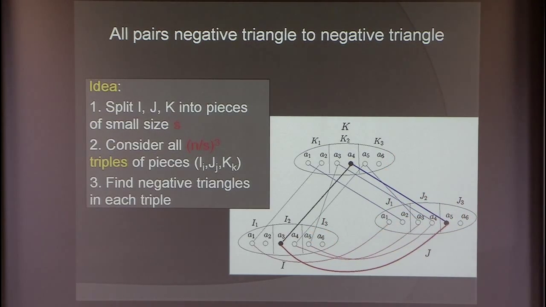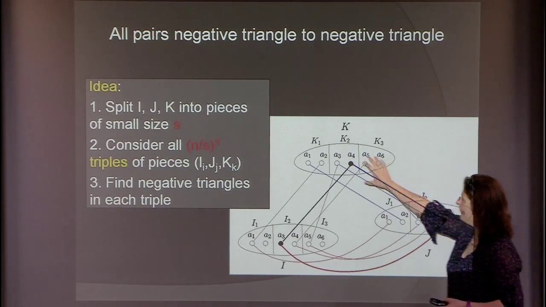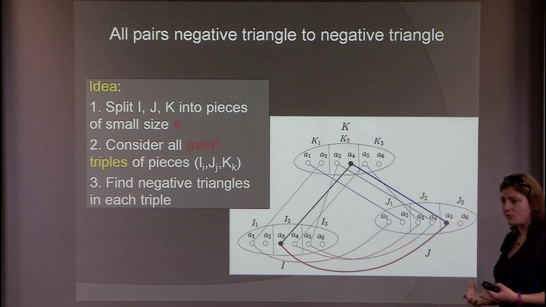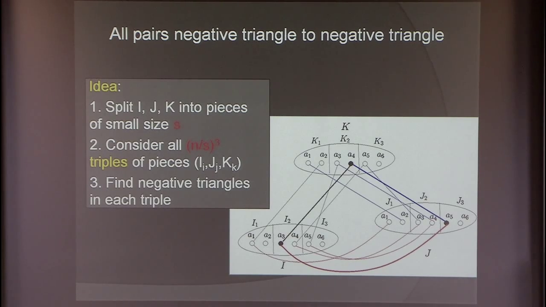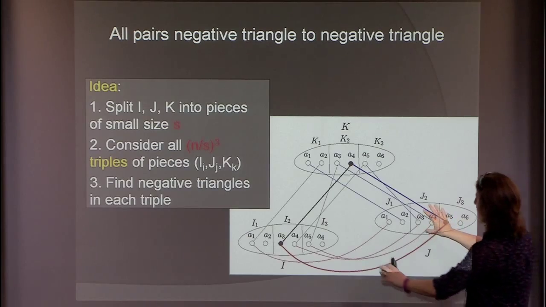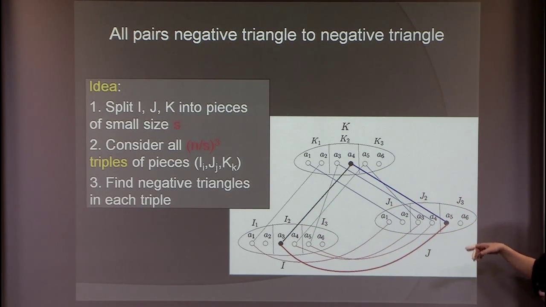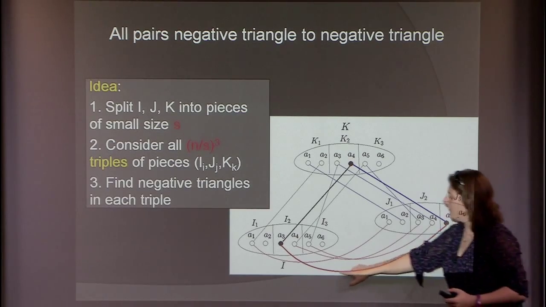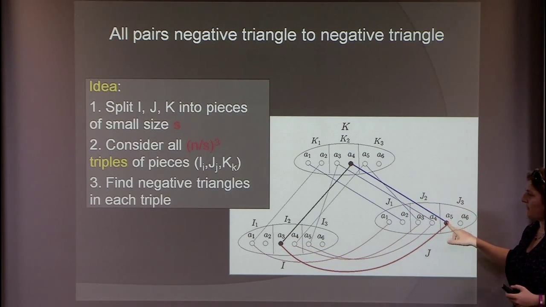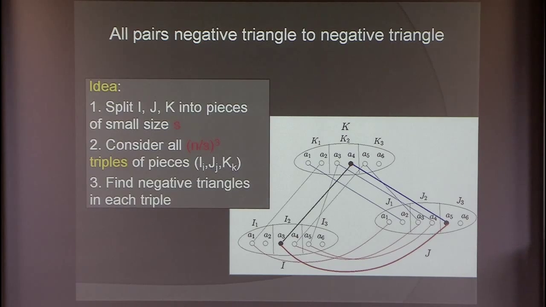And then the first attempt is I'm going to take every triple of pieces. I'll look at the induced subgraph, and I'll make a call to negative triangle there, and now we'll learn whether this triple of pieces contains a negative triangle, and if it does, then I can set this entry in my output of all pairs negative triangles to 1.